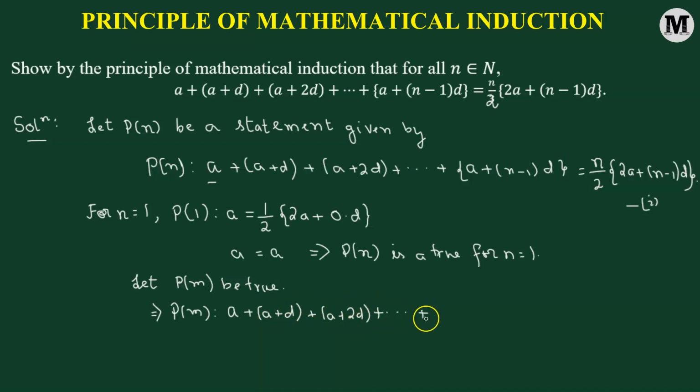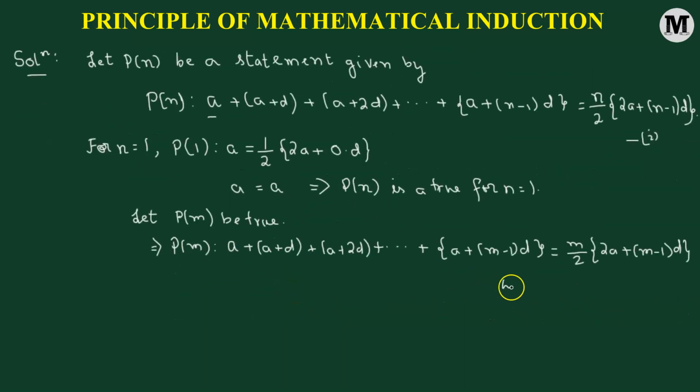But this time the last term is going to be denoted by a plus (m minus 1) times d. This is going to equal m over 2 multiplied by (2 times a plus (m minus 1) times the common difference d). So we are saying that Pm is a true statement where m is a natural number. We need to specify that m belongs to the set of natural numbers.